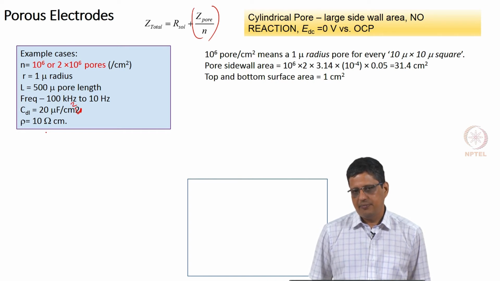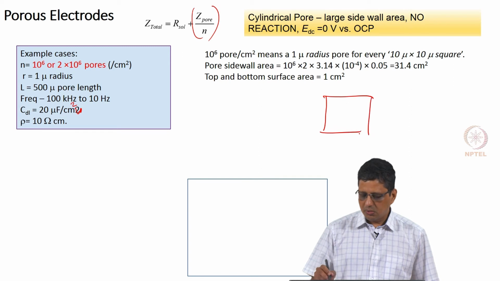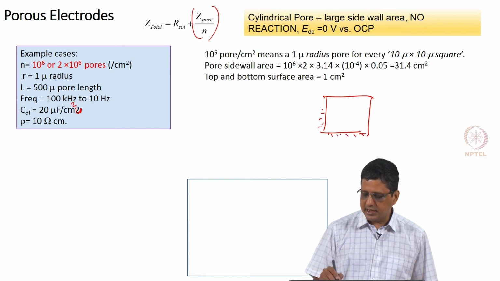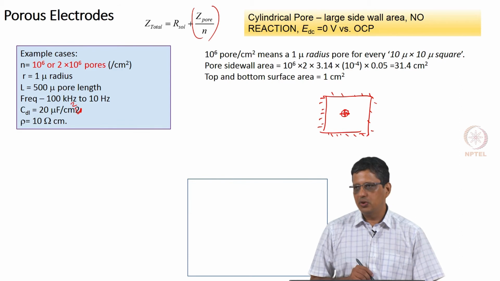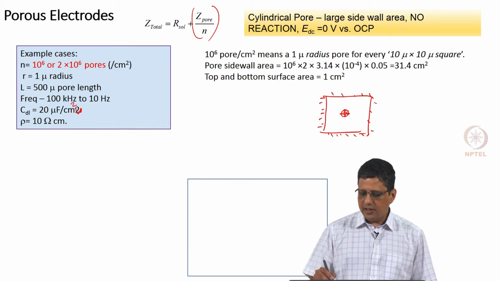So, if we take a 10 micron by 10 micron area, that will contain a pore of 1 micron radius, 2 micron diameter. So, divide this into 10 sections, divide this into 10 sections. Take the radius of one section here, that is how it is going to look. Roughly, I can take it as a square for just an approximate number.